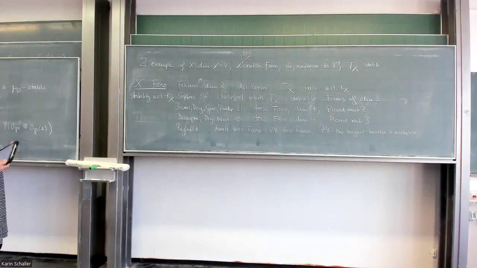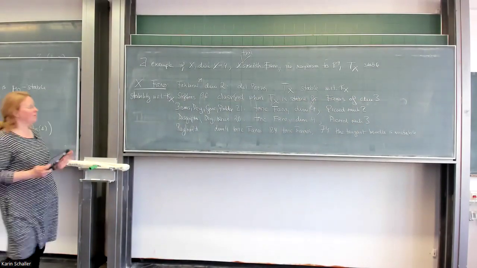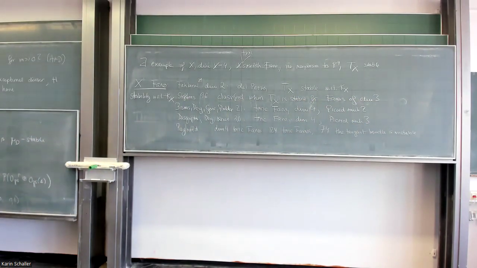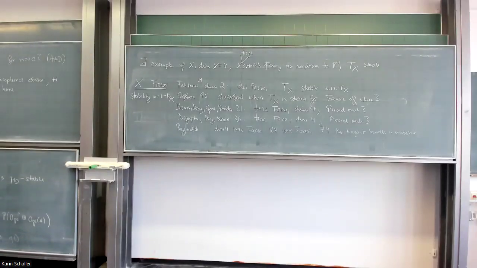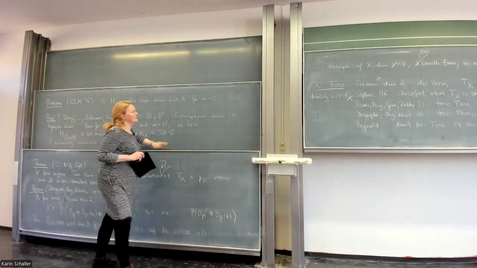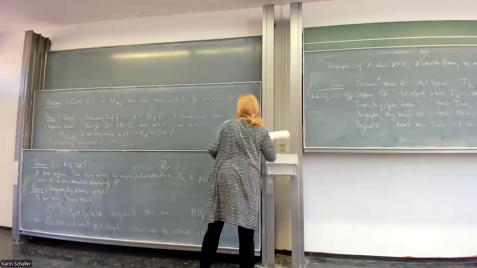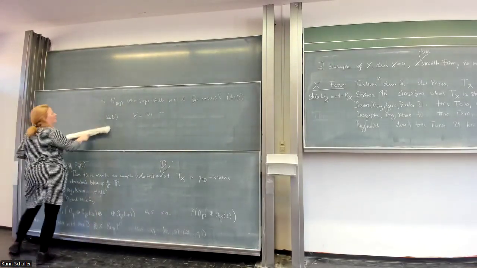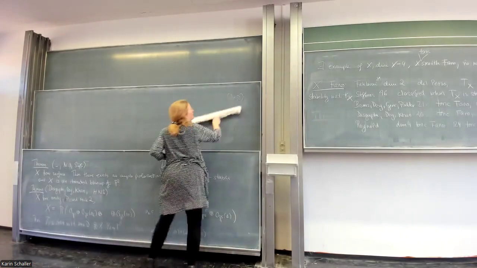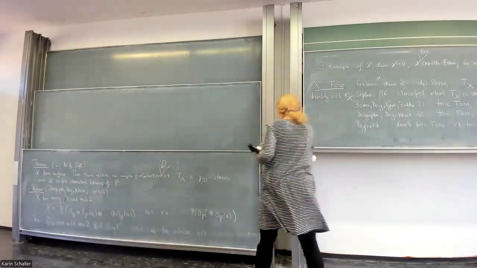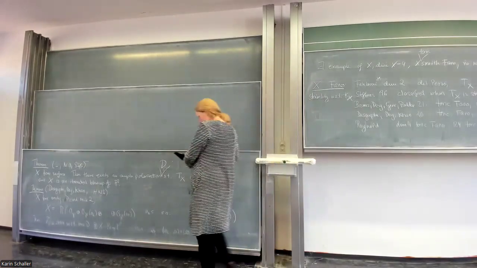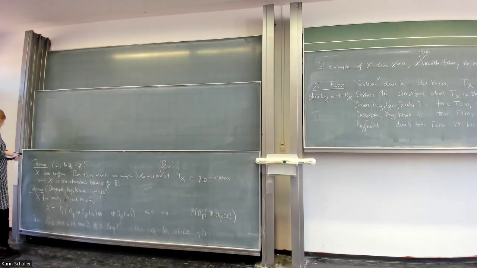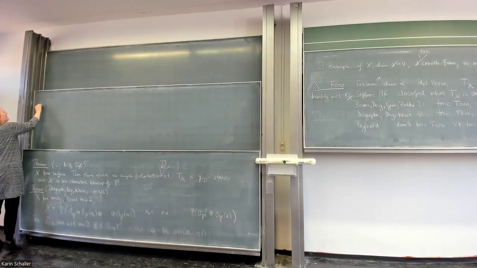So the question is, can we somehow relate this to geometry? Unfortunately, there's also a negative answer, but maybe it would be nice to fix this somehow. So what is the relationship to geometry?